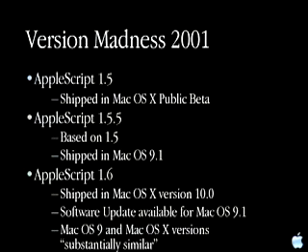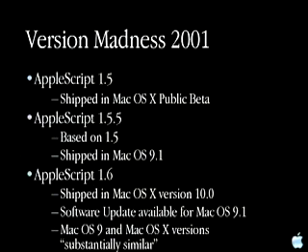And as usual, we had some interesting version numbers this year. Notice that we didn't do a .0.1 release. I consider that a personal triumph, in that most of the stuff we shipped was good the first time around. We shipped AppleScript 1.5 in the customer beta for Mac OS X. We shipped AppleScript 1.5.5 in the Mac OS 9.1 release, and it was a version of the Mac OS X version backported to Mac OS 9, and it had a few problems.